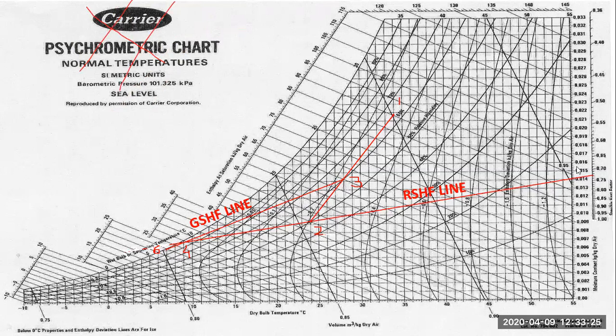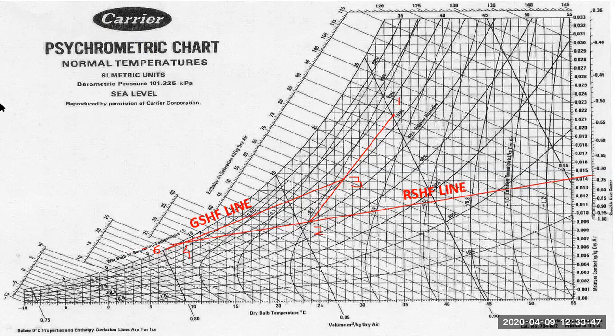Basically we don't know where this GSHF line will stop on the left hand side. We know the originating point of the GSHF line as point number 3 that we have located, but we don't know where point number 6 and point number 4 will lie.